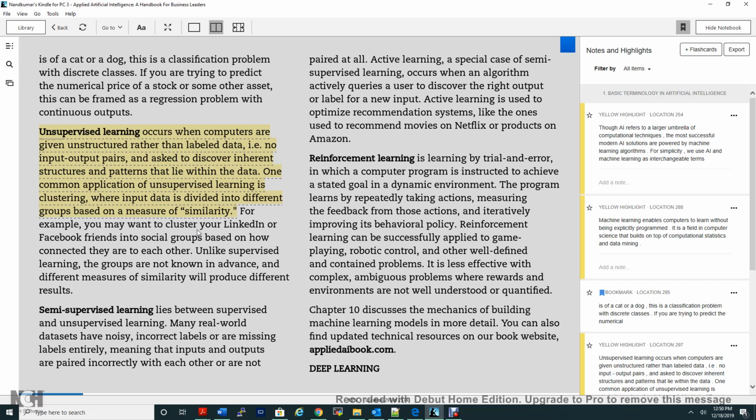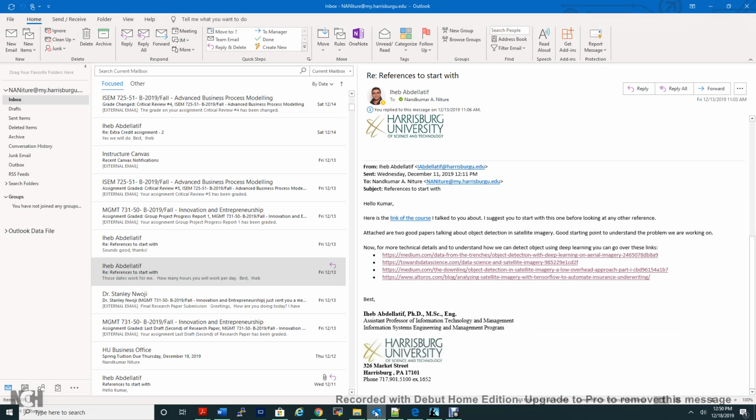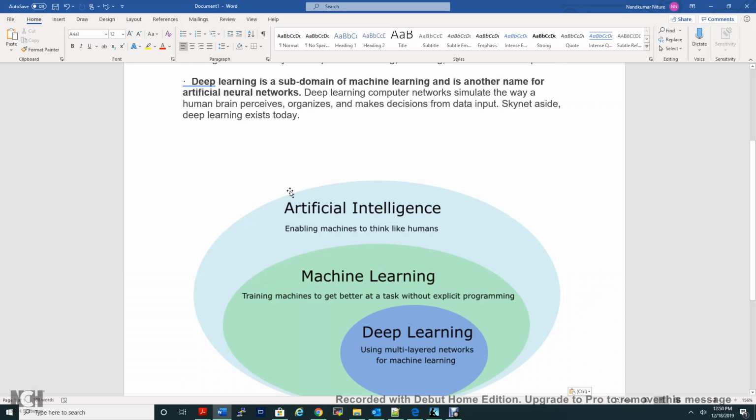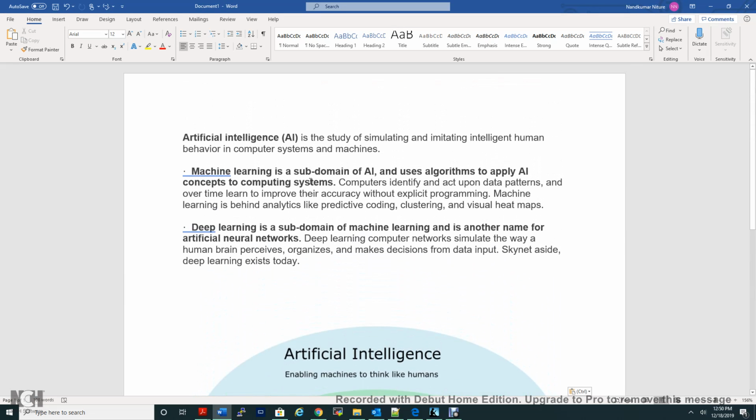Let's go to the difference between AI, machine learning, and deep learning. These are three layered things, as I approached in this document. Artificial intelligence is the study of simulating intelligent human behavior with computer systems and machines. That's the big definition of AI.